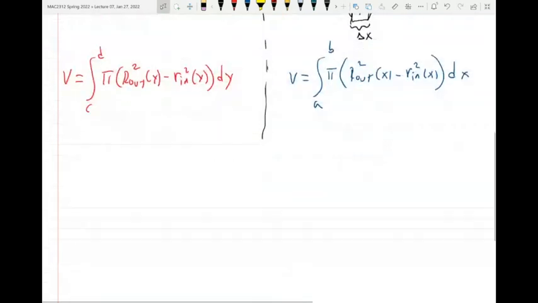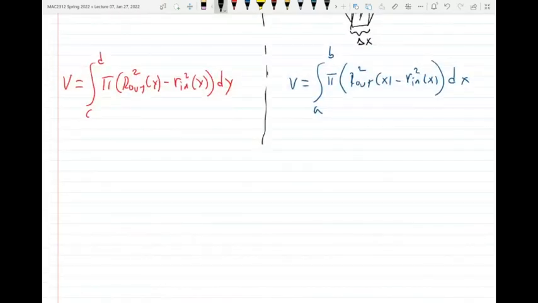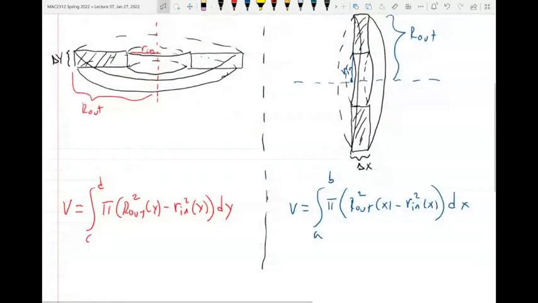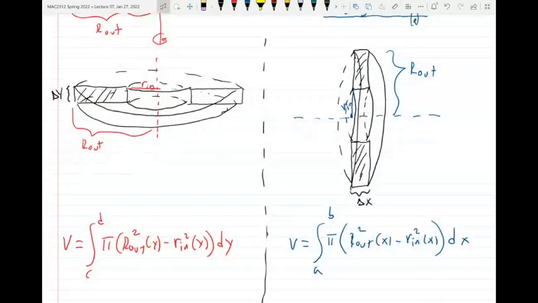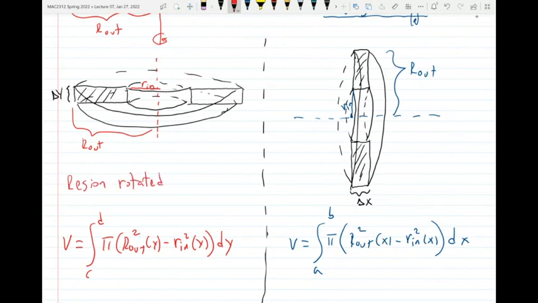Let's do examples. Sir, so here we're finding the volume of the small rectangle, right? Yep. Okay, so the formula that I just put here is what you get when you have a solid. Let me say, this is when a region is rotated about a vertical axis.